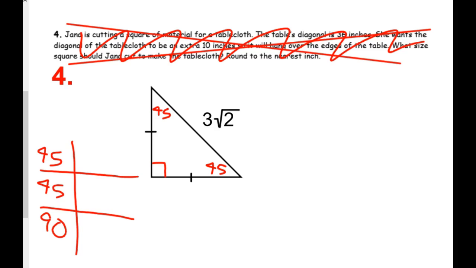And then my rules are x, x, x square root of 2. Now, 3 square root of 2 is across from what angle? 90. Sometimes it's across from the leg, but this time it's across from 90. So across from 90, I'm going to put it on the bottom, right? 90.